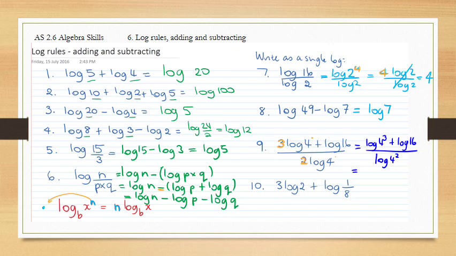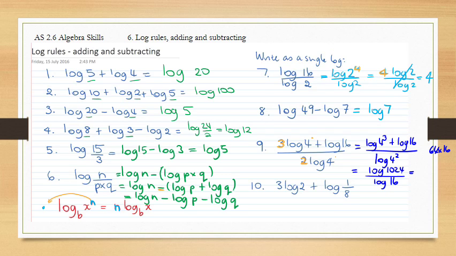Grabbing our calculator, 4 to the power of 3 is 64. When we're adding logs, we're multiplying, so over here we've got 64 times 16, and that equals 1024.